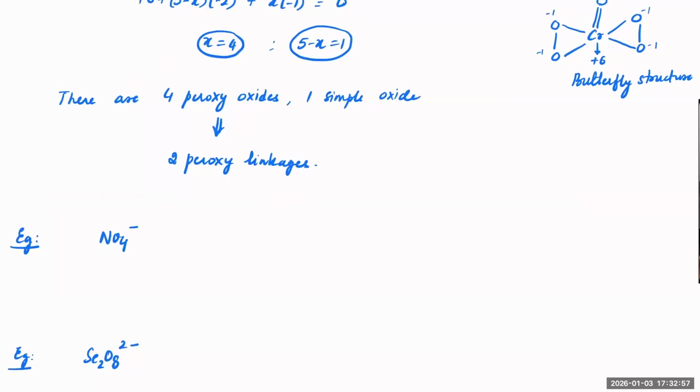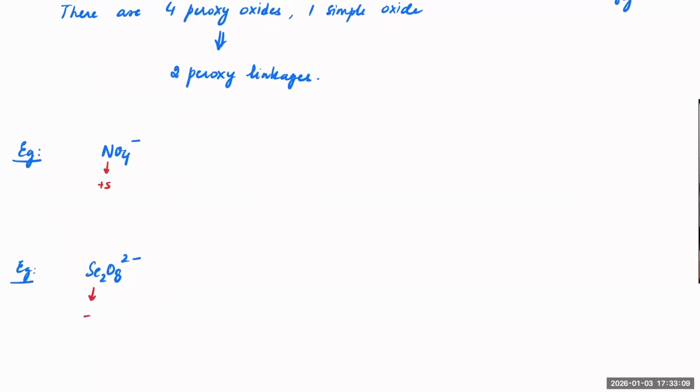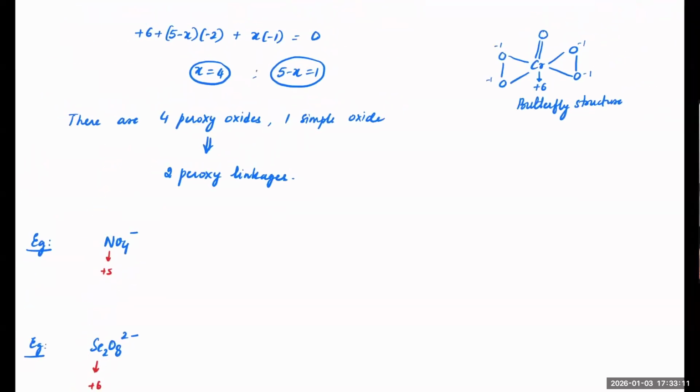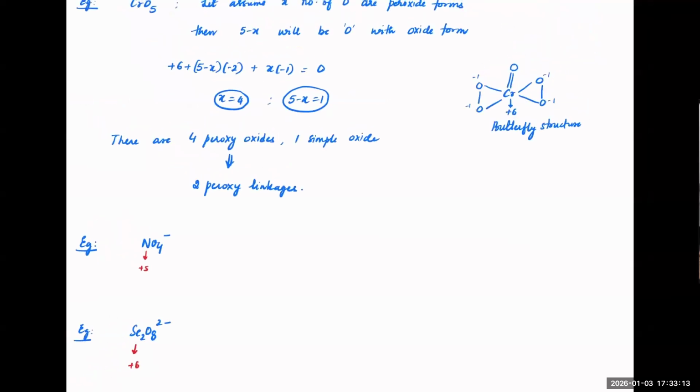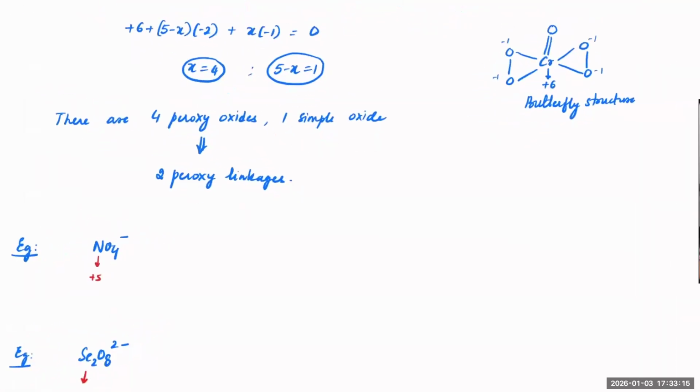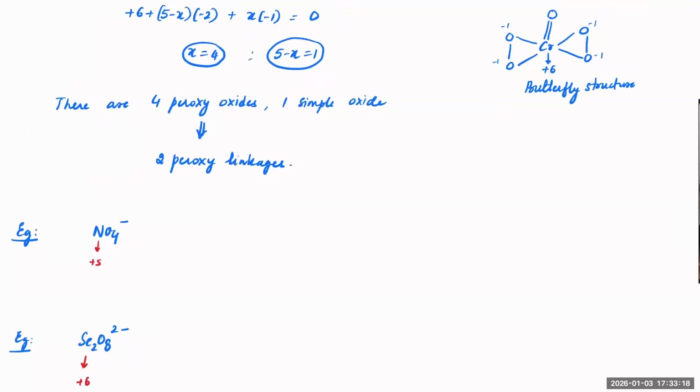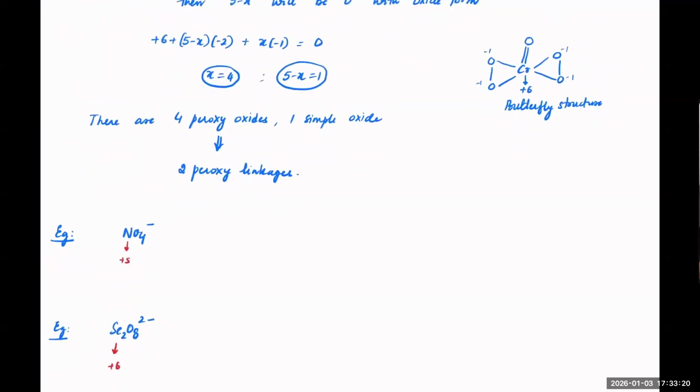Here the objective is to figure out peroxy linkages. But let me tell you, nitrogen, the maximum oxidation state it can adopt is plus 5. Selenium can attain a maximum of up to plus 6. So look into how we solved it. Do the same for these two.